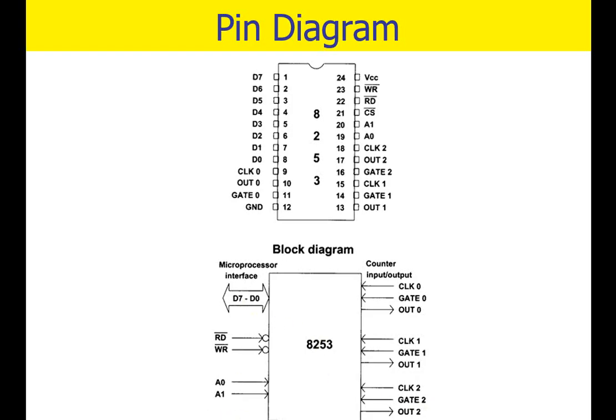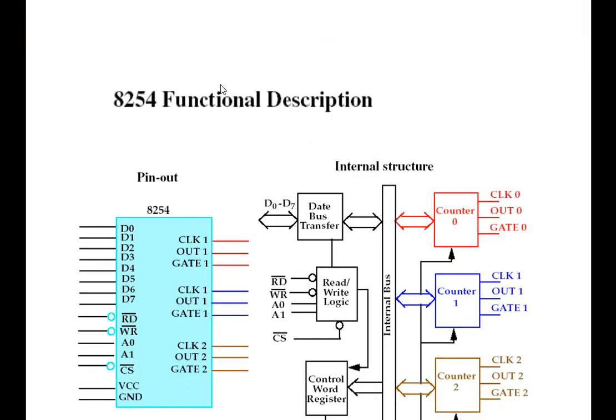Here CS is for chip select, which is connected at the bottom of the 8253 and is also active low. The read and write pins are also active low. That means that when the signal is low, then they will occur. And D7 to D0 is for data interfacing. This is the block diagram and this is the pin diagram of the 8253.